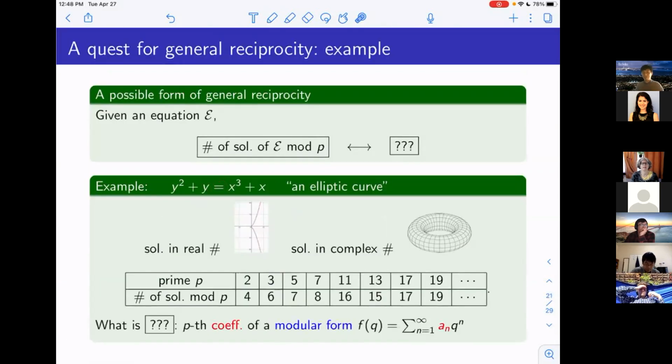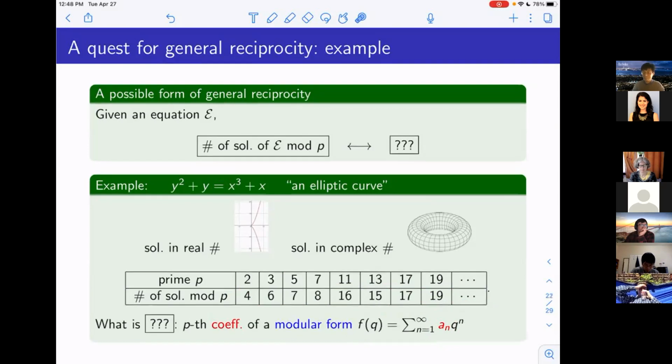It turns out that these numbers somehow appear in a completely different context. It turns out that these numbers appear as coefficients of a modular form. I'm going to explain what it is, but it's a power series, a kind of infinite series in the variable q, and then these coefficients somehow capture these numbers in the sense that the pth coefficient a_p has to do with the number of solutions modulo p for every prime p.